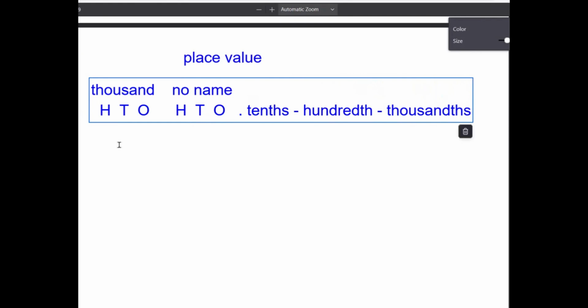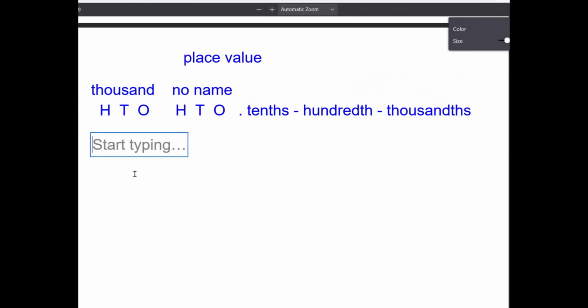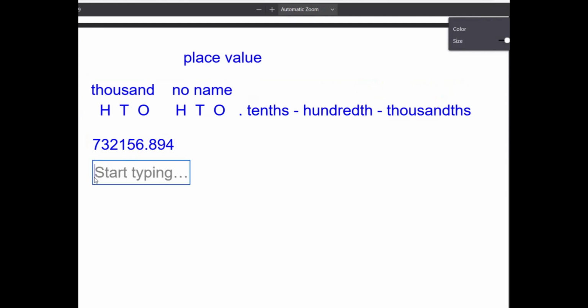Like when I write for you a number, like this one, 7, 3, 2, 1, 5, 6, then a decimal point, then 8, 9, and let's say 4. And I ask you about the value of each digit.